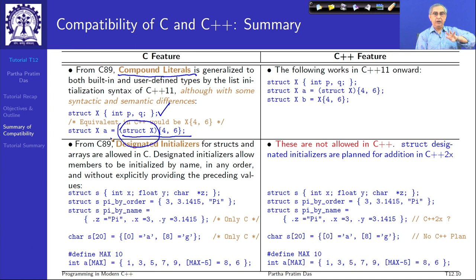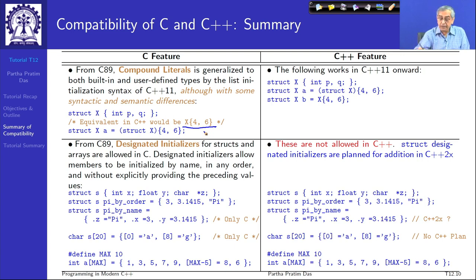So, from this compound literal, I make it a structure and initialize some variable a of that structure type, which otherwise would have required either component-wise initialization or writing something like this, which says that I am actually constructing x with 2 components, 4 and 6 respectively.